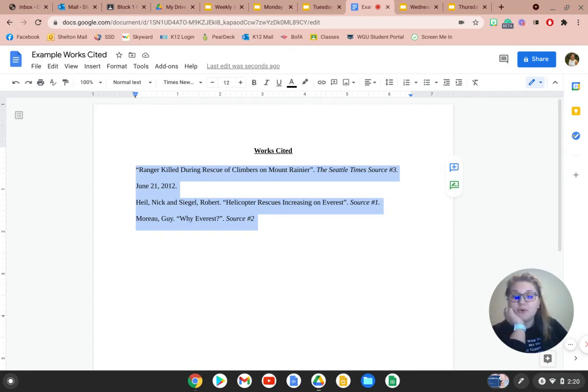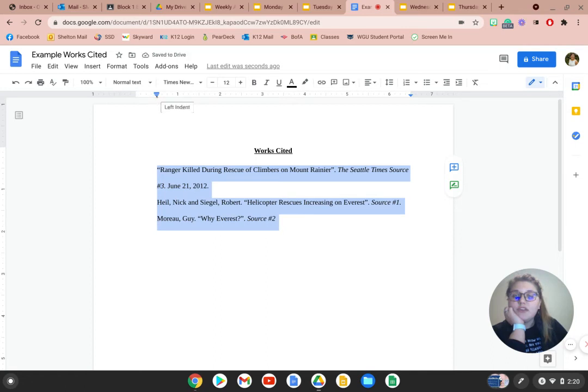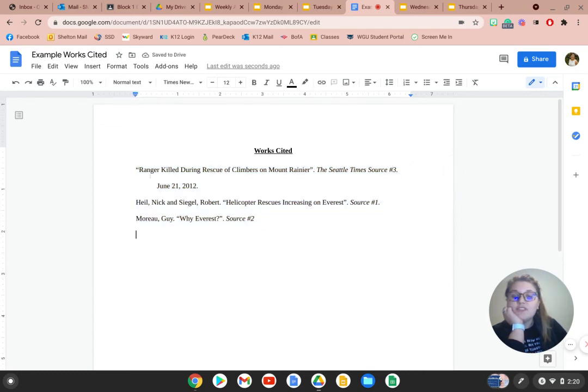You're going to move both of these items to the 0.5 mark. All right. Then you're going to move just the line back to the starting point, back to 0. Okay. So then if there's a second line, it's indented while the first lines are staying the same.